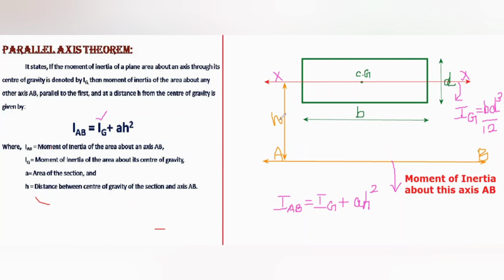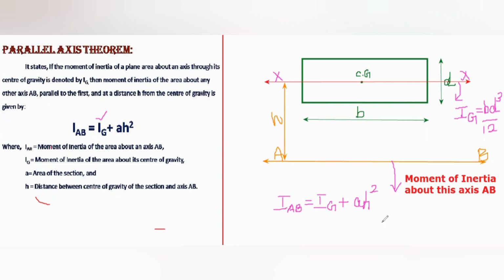That equals Ig, the moment of inertia with respect to the axis passing through the center of gravity, plus A, the area of the considered section.